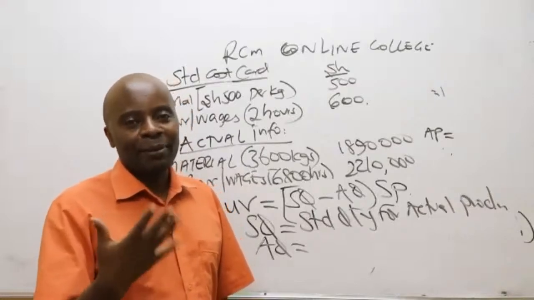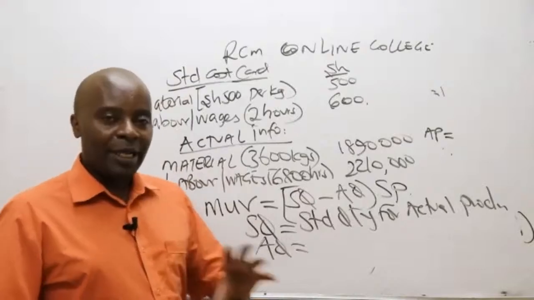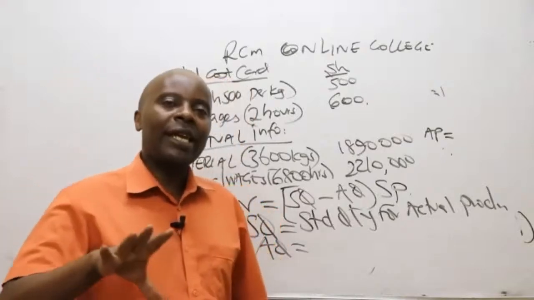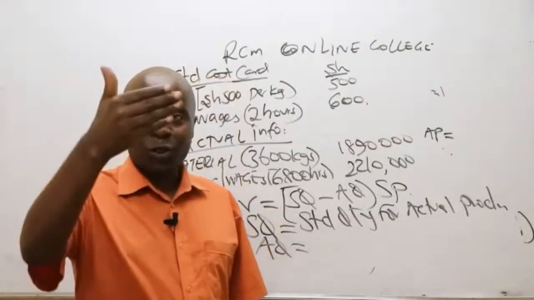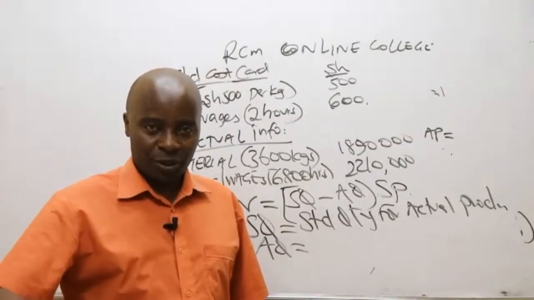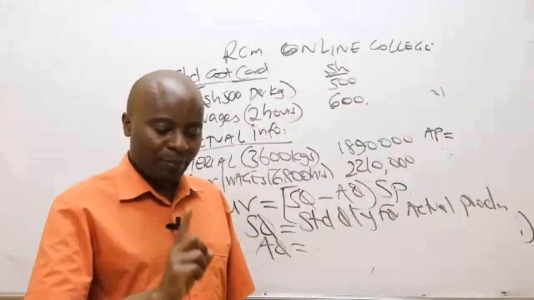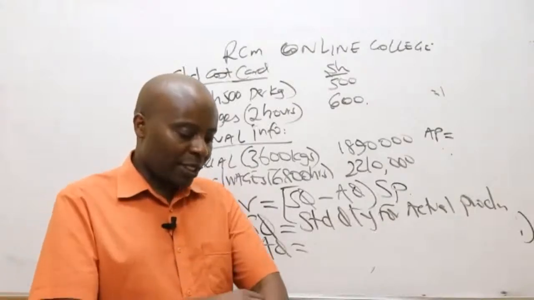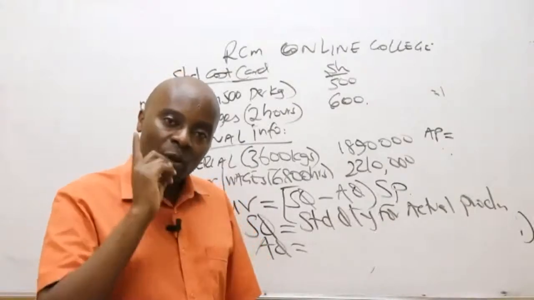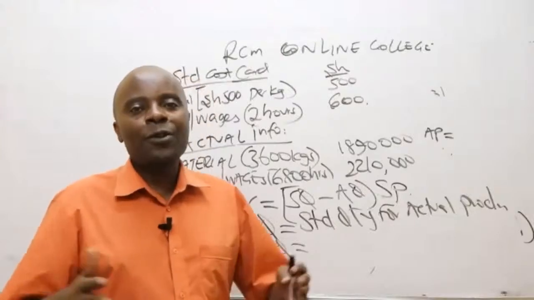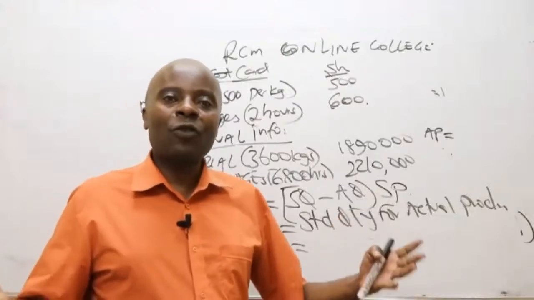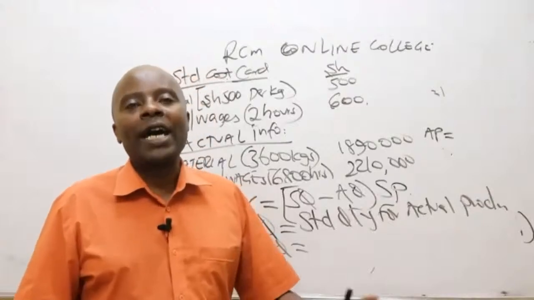Once I get a paper, it doesn't matter whether it's a management accounting paper or an AMA paper, I will straight away look through all the questions and pinpoint the variances. And once I see it, that is the question that I will start with. 3 marks, manna from heaven, variances.